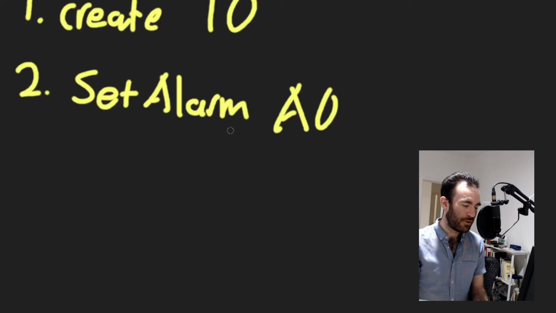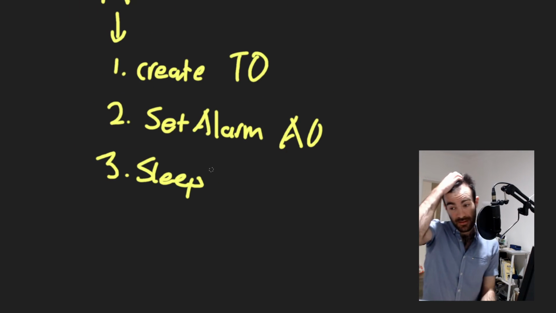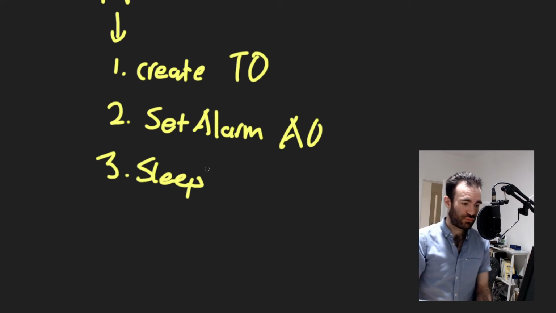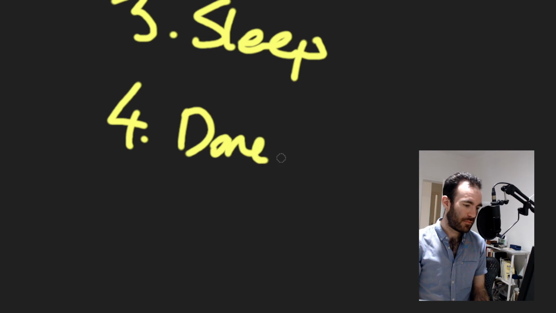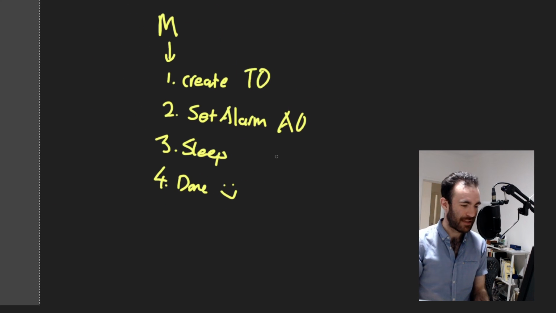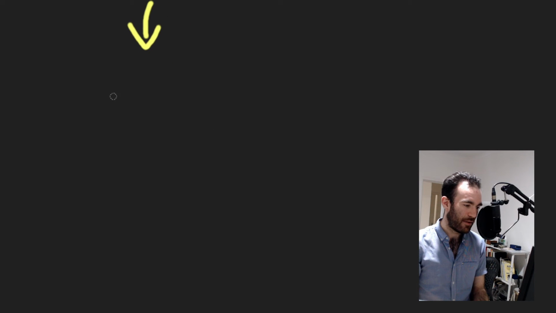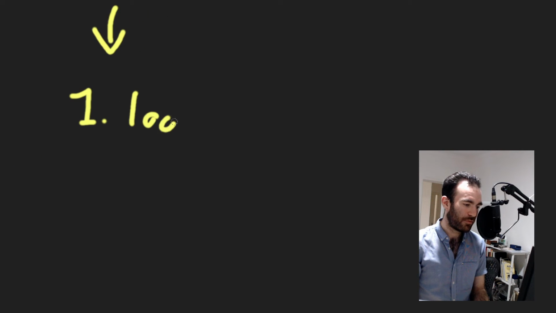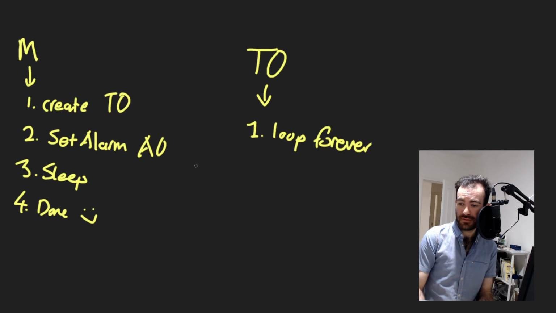We'll call this A0, and then we sleep. And then we're done. That's the happy face, everything's good. So then T0, what we do is step 1, loop forever. We never stop.